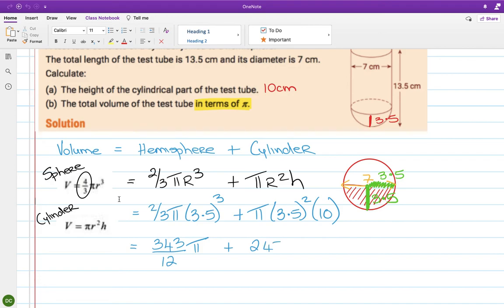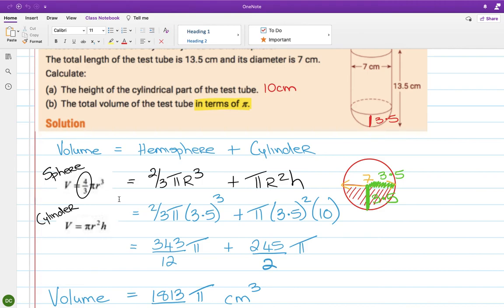And then we add them together. I suppose leave it as a fraction. 1813 over 12 pi centimeters cubed is the volume of the test tube.